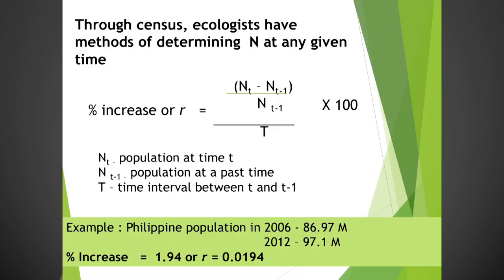So ecologists, whether they are plant ecologists or animal ecologists, determine the rate by which population changes at any given time. And this is represented as R, or the percent increase. So in this formula, you'll be seeing changes in population at time t, which is N sub t, and N sub t minus 1, which is the previous population size.